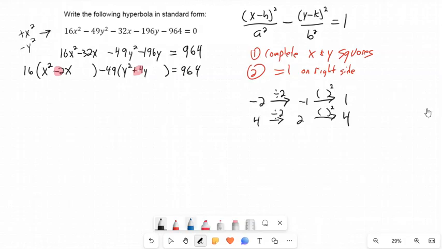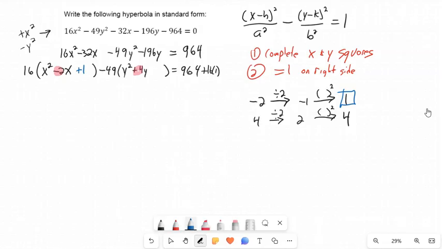So for the x, we need to have a 1. So I go in here and I add plus 1. However, this 1 is inside a parenthesis, so I've actually added 16 to the left side by adding that 1 there. I need to do the same thing on the right side, so I'm actually going to write it so it even looks the same. Plus 16 parenthesis and the 1.